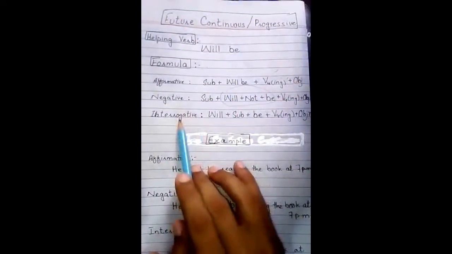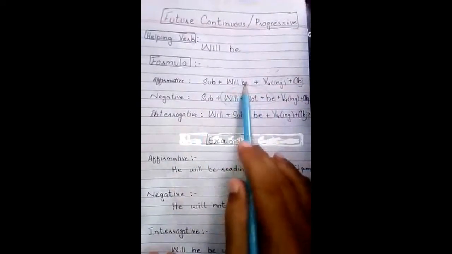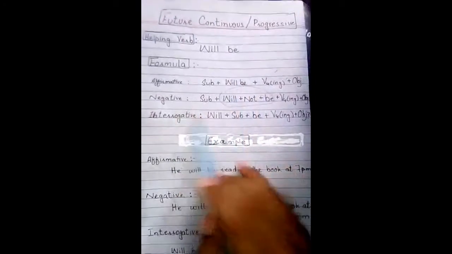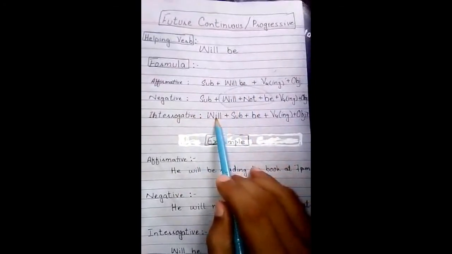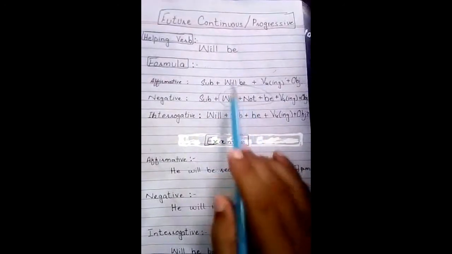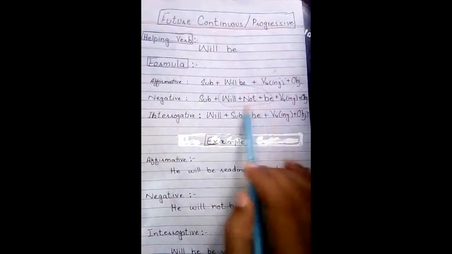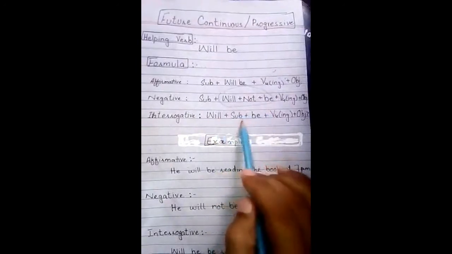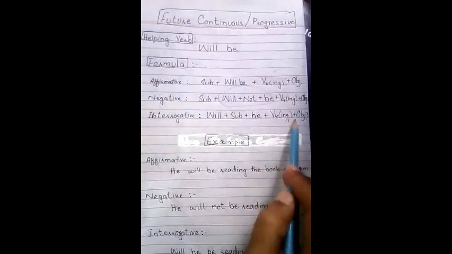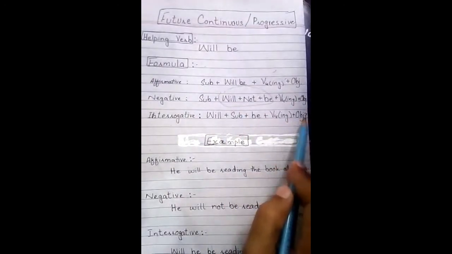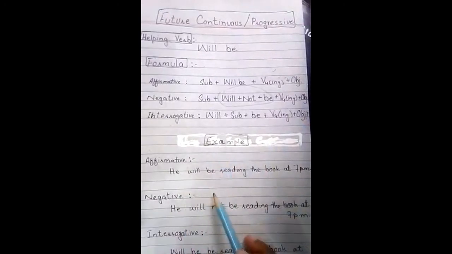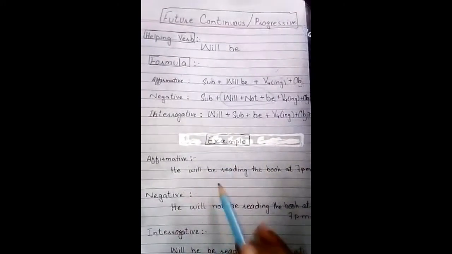In interrogative we split the helping verb. We use helping verb will first, then subject, then be, the verb's fourth form, then object, and then a question mark. For example, I have made these sentences.